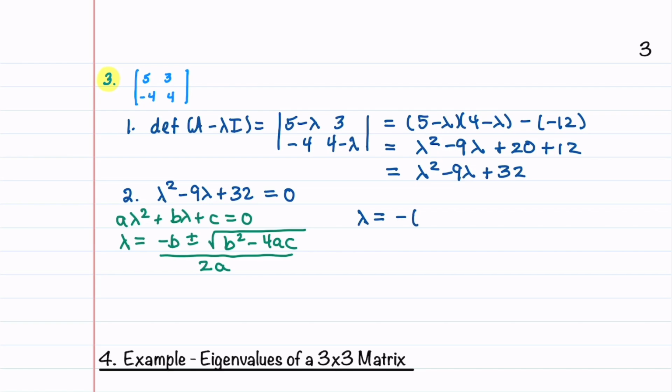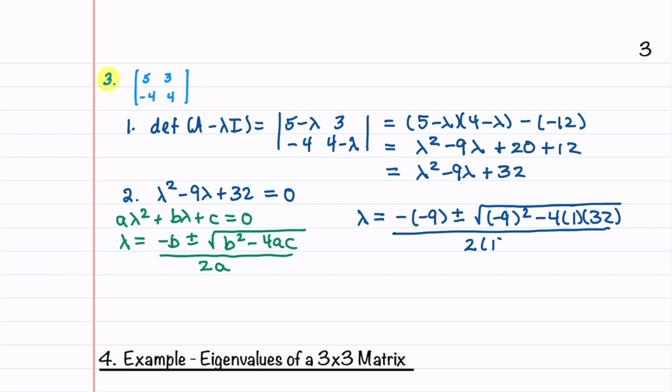We'll now use this formula for the quadratic that we got, and we get lambda is equal to negative b, so that's minus a negative 9, plus or minus the square root of b squared, so that's minus 9 squared, minus 4 times 1 times 32. And we divide that all by 2 times 1. This gives us lambda is 9 plus or minus the square root of 81 minus 128, all divided by 2.